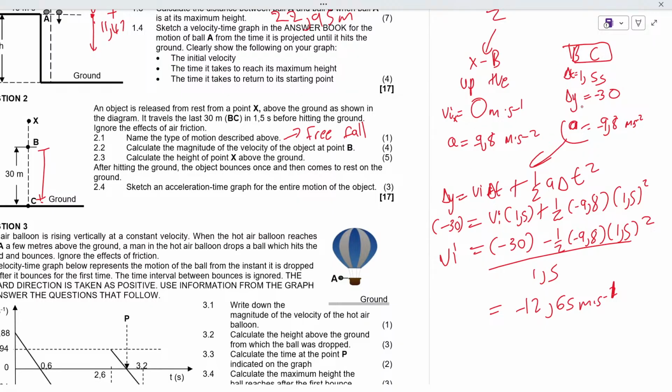But 3 are sufficient. The moment you know 3 things, it's sufficient for you to substitute. Then I found out that I'm given more information towards BC. Therefore, instead of making B the final velocity or the final position, I will make B the initial.